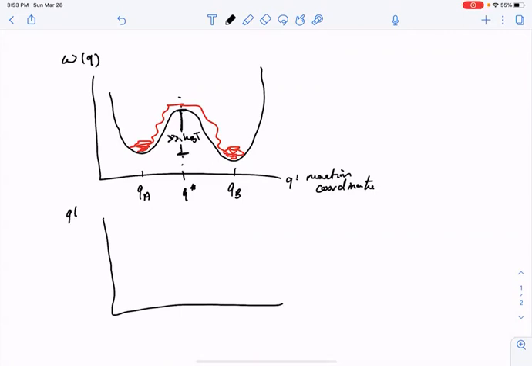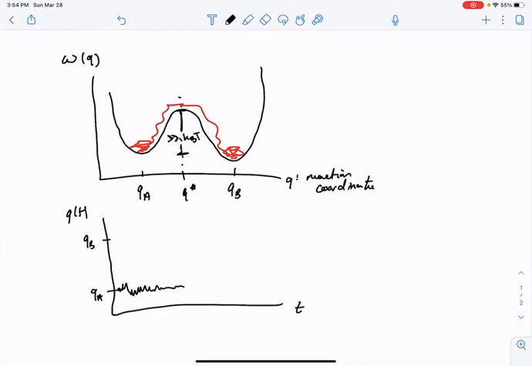So if we were to plot dynamically what a trajectory looks like that starts in state A and goes to state B, well, if that barrier is large, much greater than kBT, we will see fluctuations about Q_A that persist for a long time.